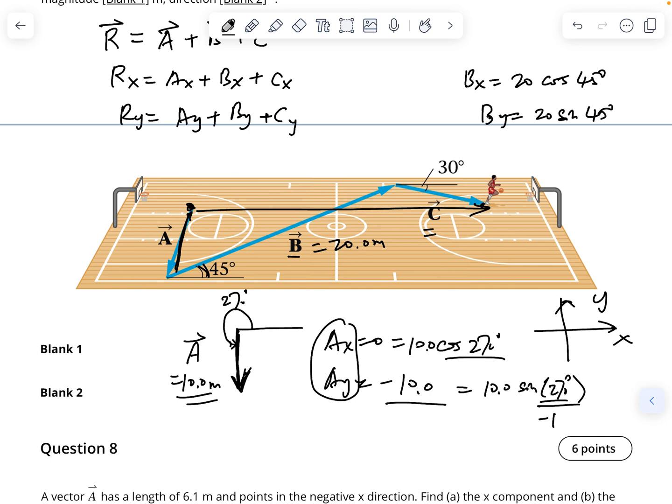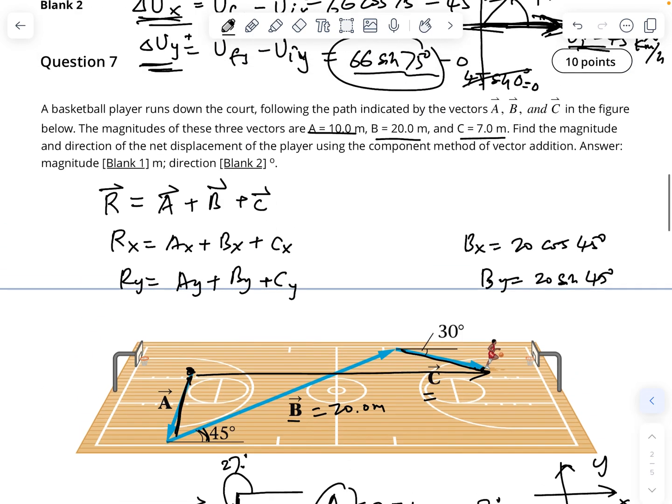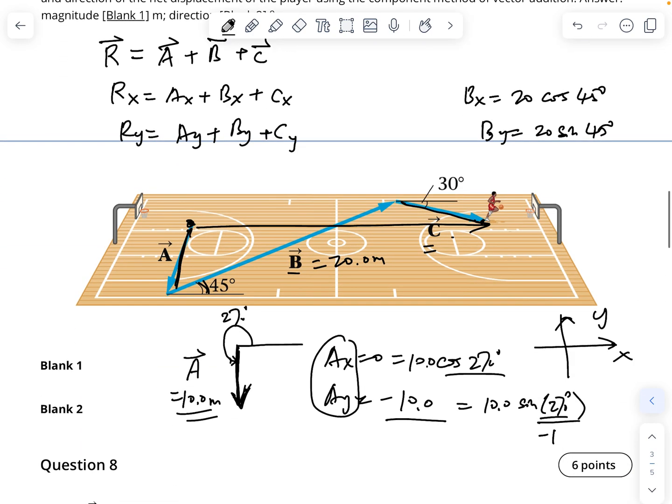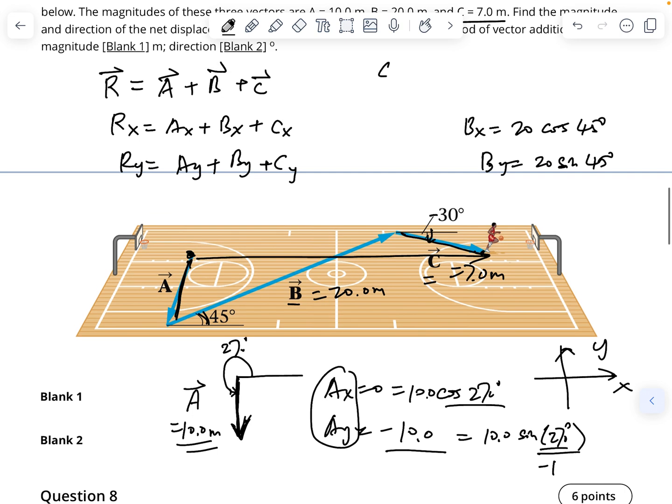Then you look at C equal to 7 meter, and the angle here, you see, is 30 below, right? So this is negative 30. So Cx equal to 7 cosine negative 30, Cy equal to 7 sine negative 30.